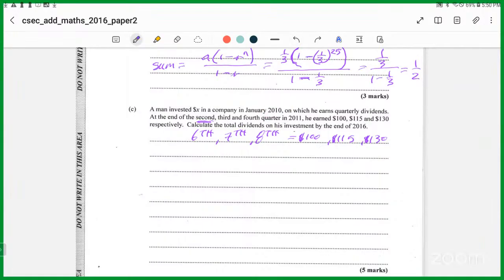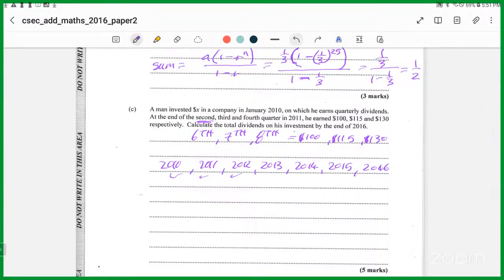See it here: 2010, 2011, 2012, 2013, 2014, 2015, and 2016. 1, 2, 3, 4, 5, 6, 7.